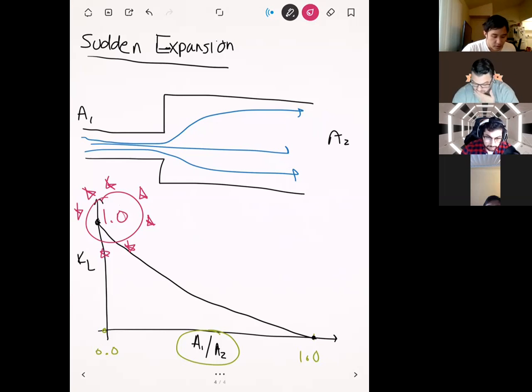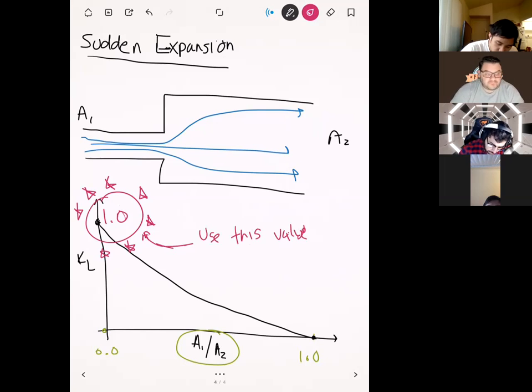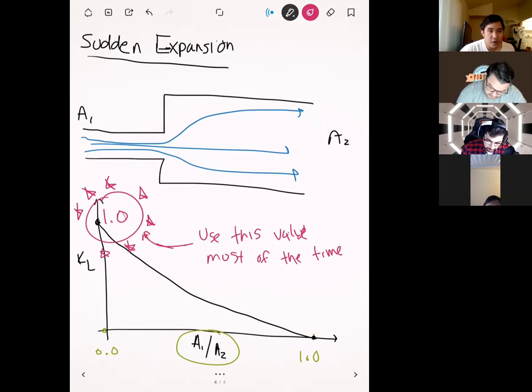Okay. And just like for the sudden contraction, even though this graph shows the values for all different areas, 99% of the time, whenever we have a sudden expansion, we're just going to use a value of 1.0. But again, I just show you this graph to let you know that this loss coefficient does depend on the areas, right?